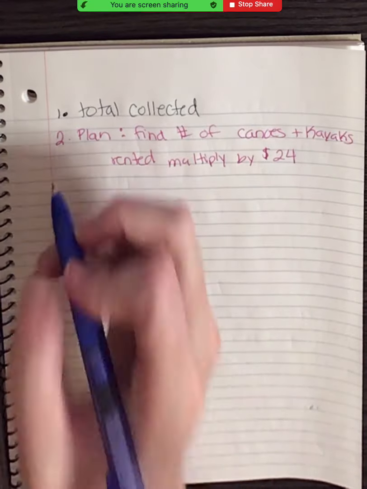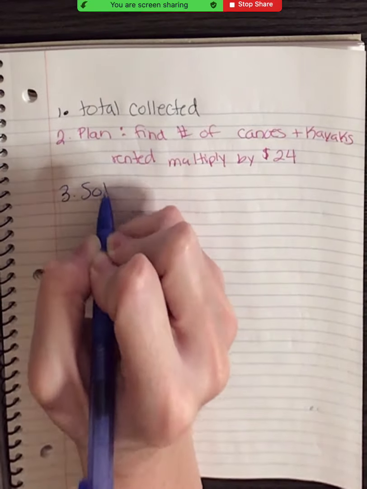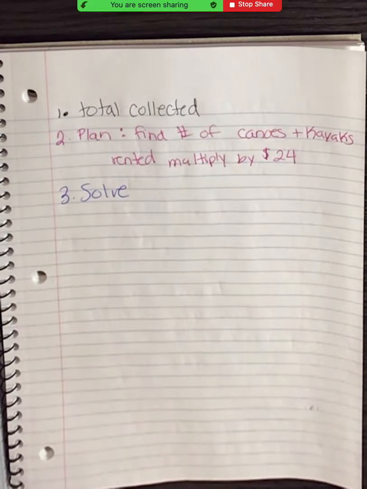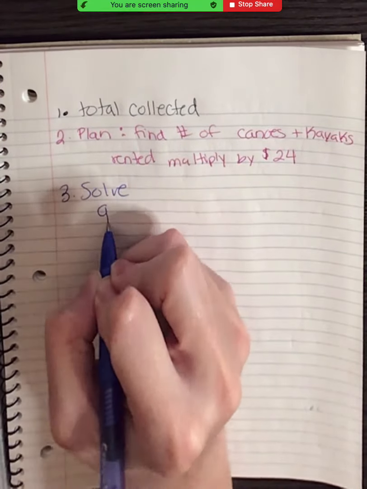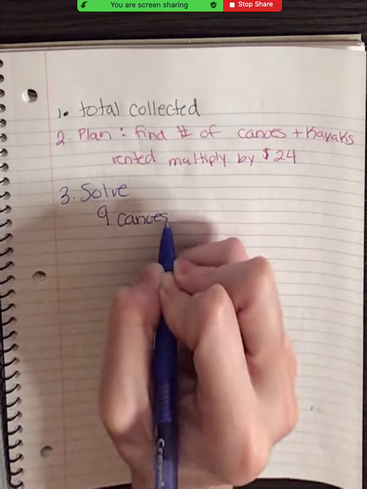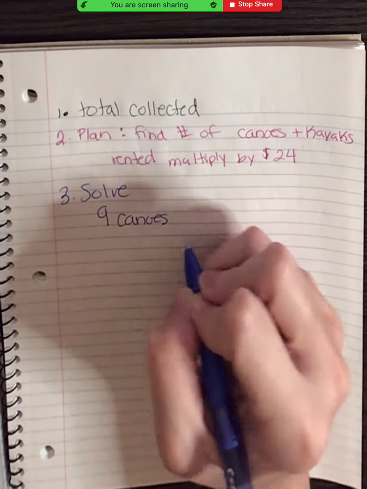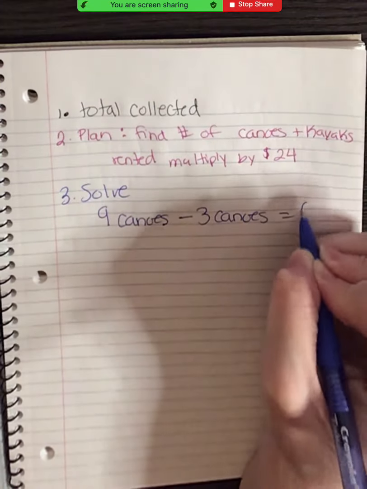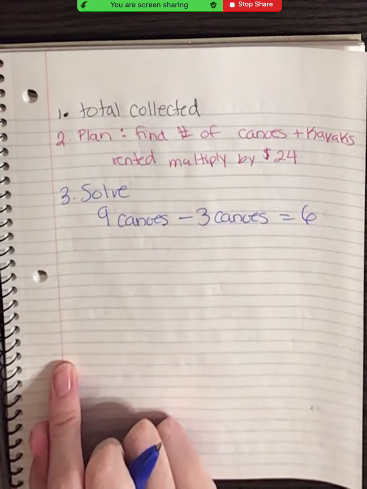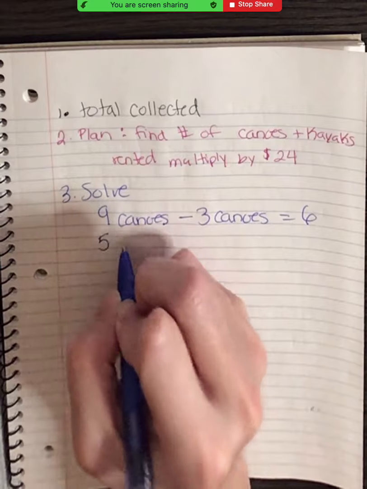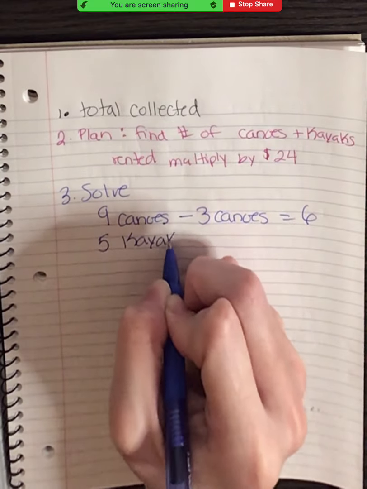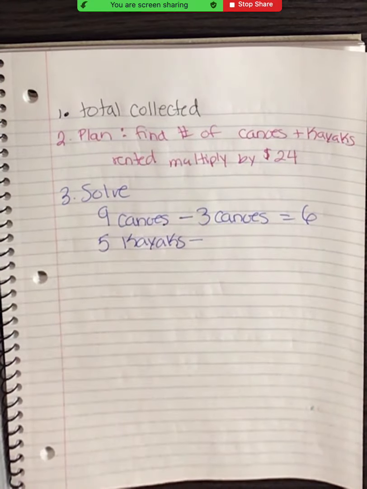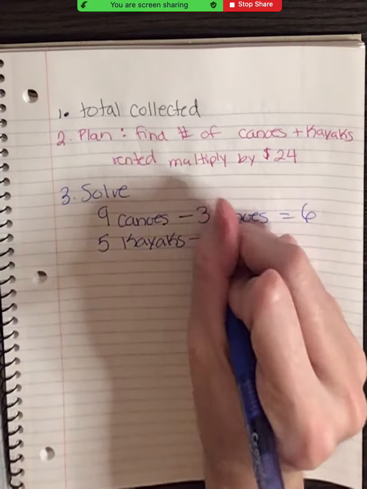Then we're going to solve it. So we were told that we have a total of 9 canoes and one day 3 were not rented. So that means that 6 were. We know we have 5 kayaks, but we know 2 were not rented.